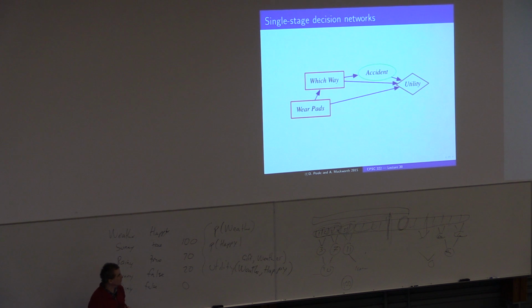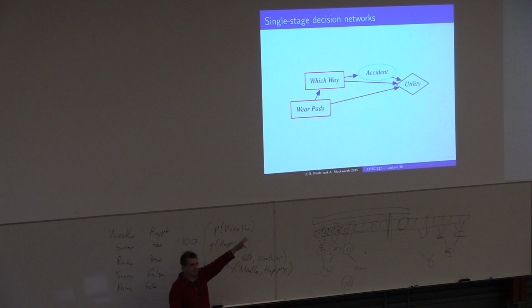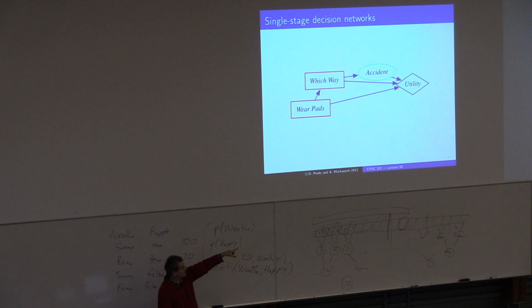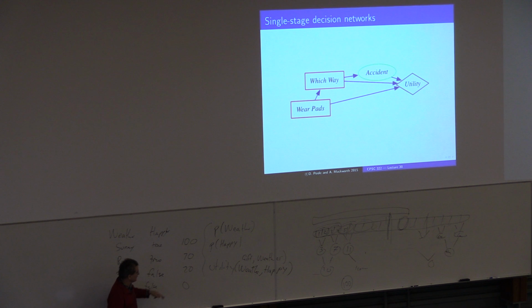It's just the sum over the product, and the algorithm is essentially the same. So if I have a policy, I can compute the expected value just by summing. I'm just going to use all these three factors, multiply them together and sum out. Here, I'm going to sum out weather and happy.